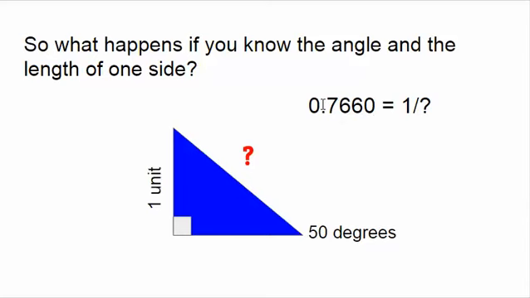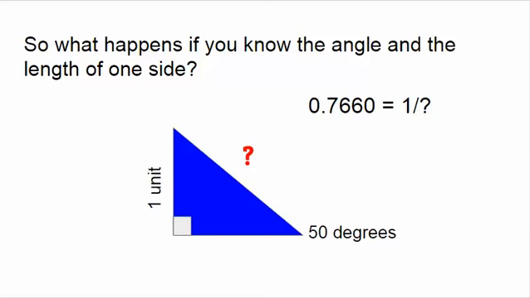We could go further in the decimal places. Usually, the sine, cosine, and tangent functions aren't even whole numbers. They usually are decimals that go on forever and ever. So, correct to 4 decimal places, 0.7660 equals 1, the length of the opposite side, divided by the hypotenuse.